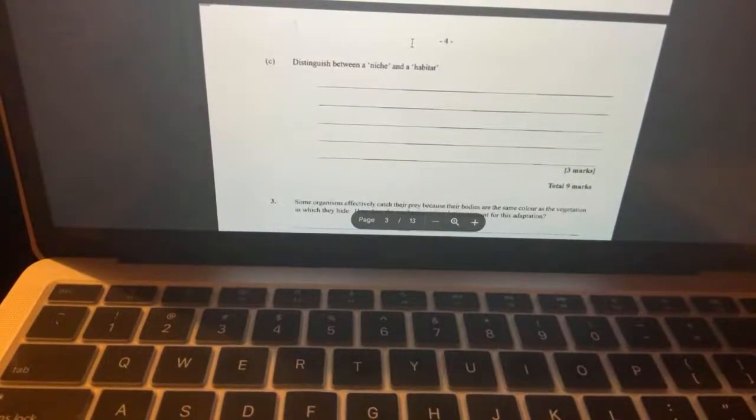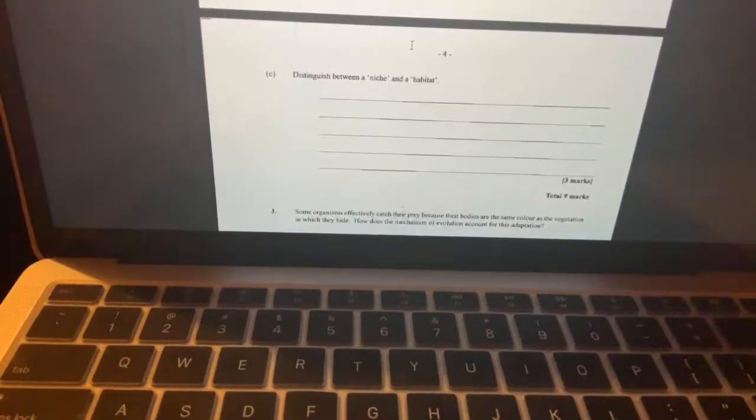See, this one says distinguish between a niche and a habitat. Anybody want to attempt that one in the chat?